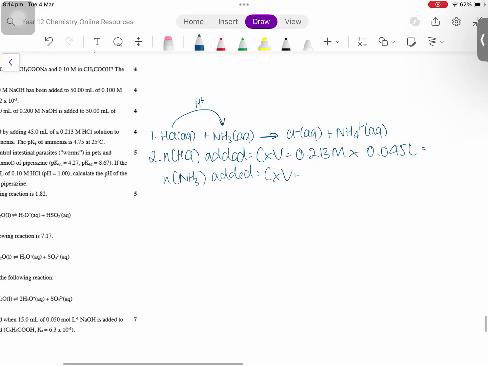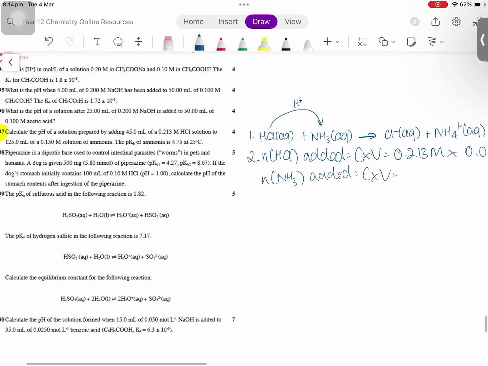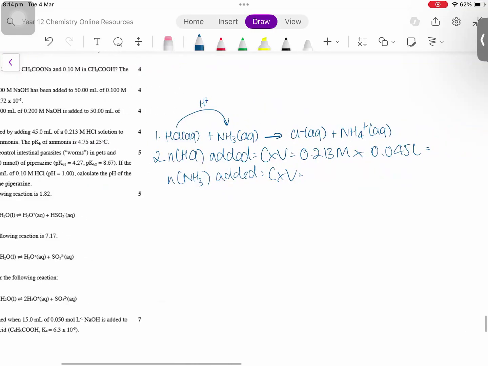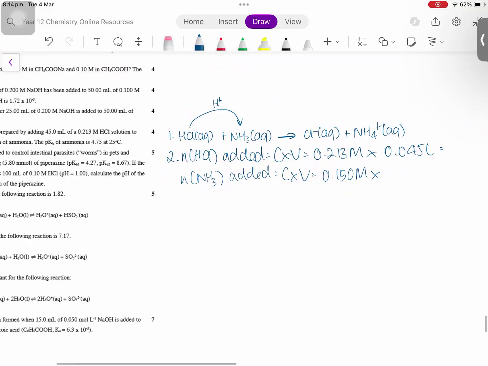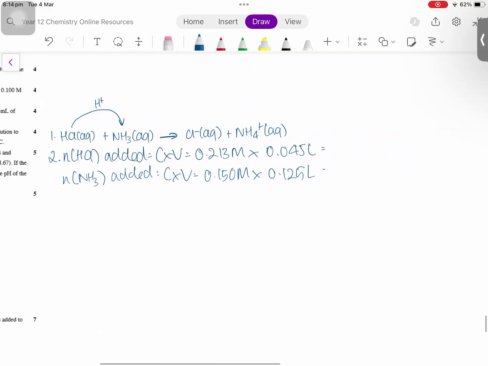And then for NH3, C times V, it's 0.150 molar times 0.125 liters. 0.009585 for HCl, and then for NH3, 0.01875.